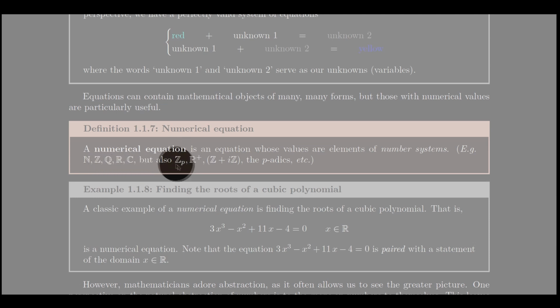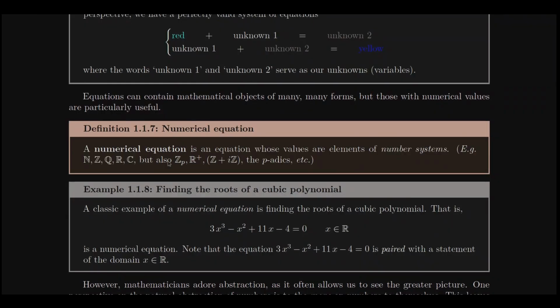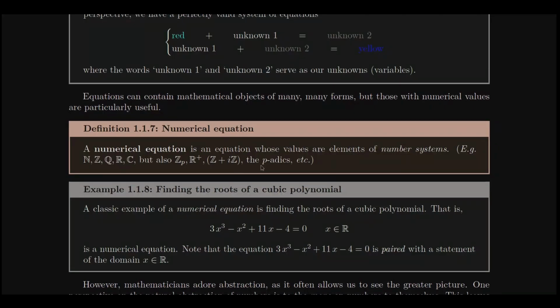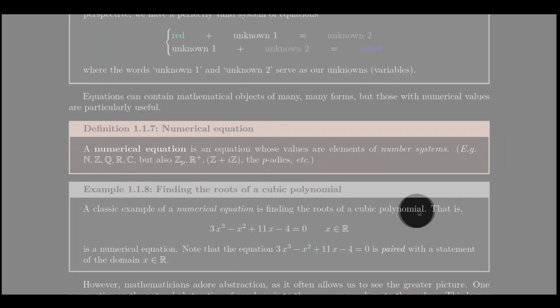These are known as, you can either call them the prime fields, you could call them Z mod P. We have the right half number line. We have here the Gaussian integers, the p-adics. There are just so many great number systems out there that can all be explored, and you can create numerical equations with them. A classic example of a numerical equation is finding the roots of a cubic polynomial.